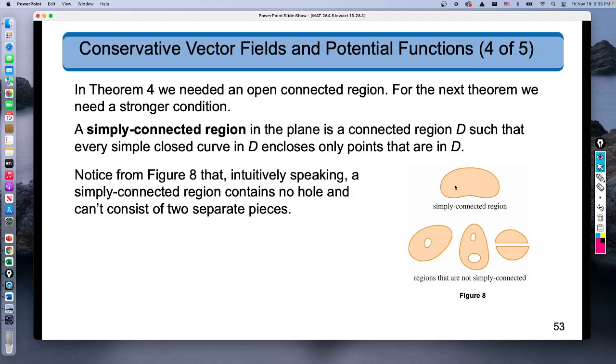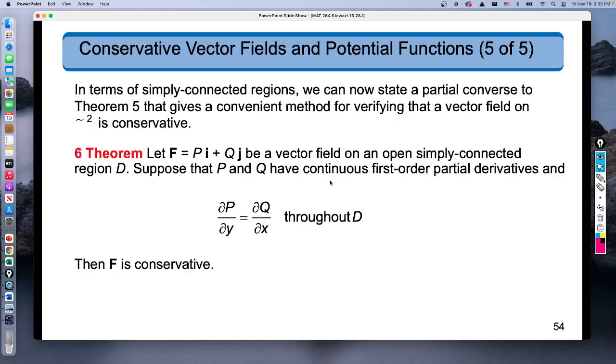Additionally, the region needs to be connected, so there can't be holes within the region. So there's nothing that we're taking out of the domain. They're not two separate regions that are separated. It's a closed, simply connected region. So that's kind of what we need. If that's the case, then we've got Theorem 6.